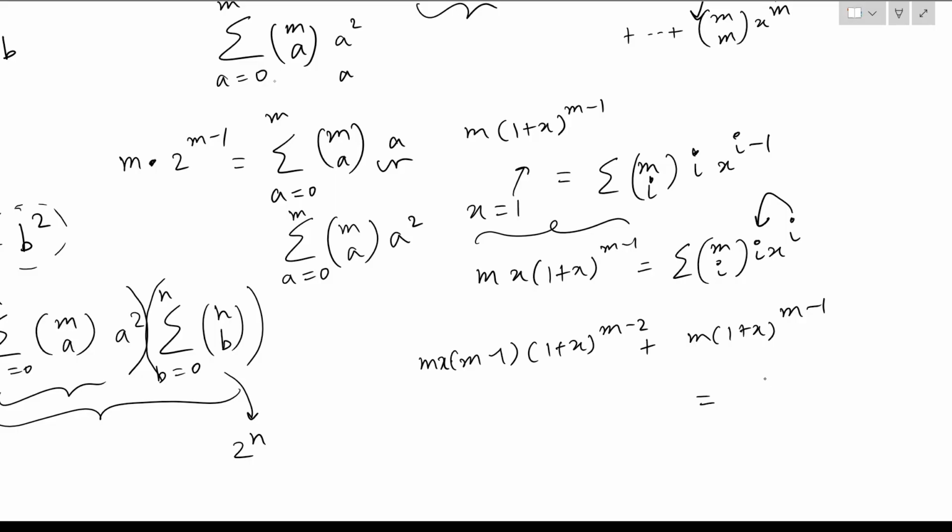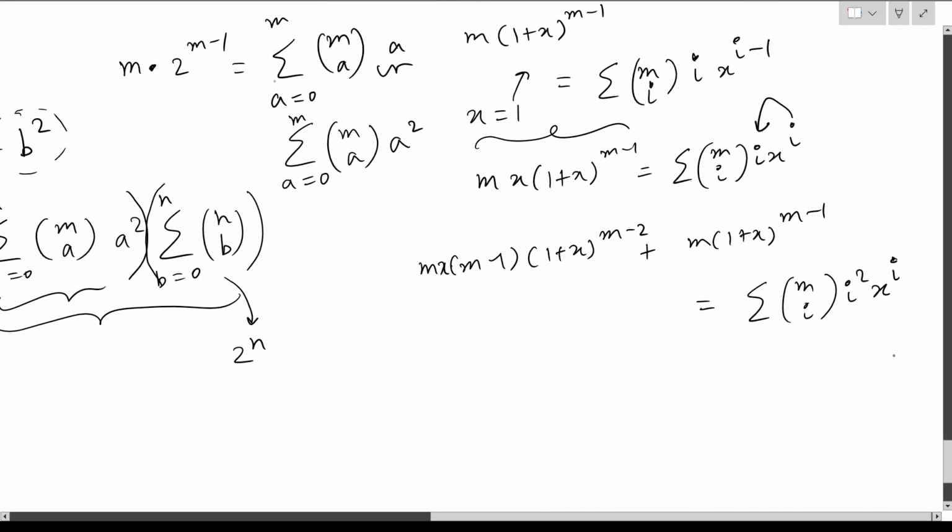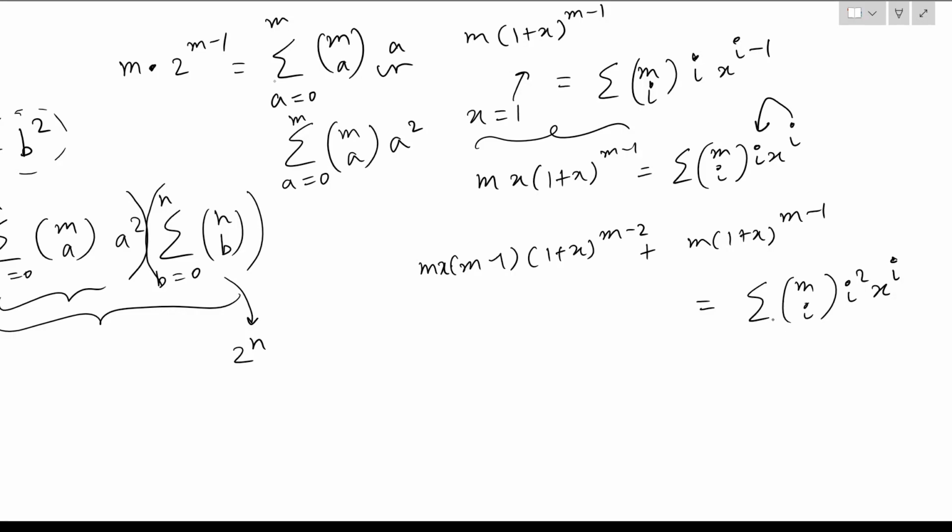And this is equal to the sum of m choose i times i squared times x to the i minus 1. And now finally what we can do is set x equal to 1 again to obtain for the very last time m times m minus 1 times 2 to the m minus 2 plus m times 2 to the m minus 1 equal to the sum of m choose i times i squared.